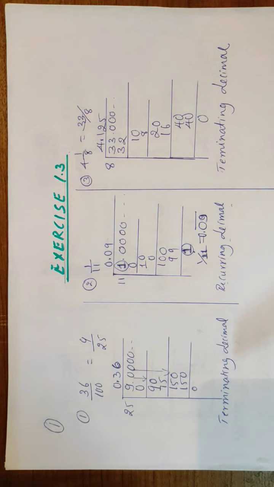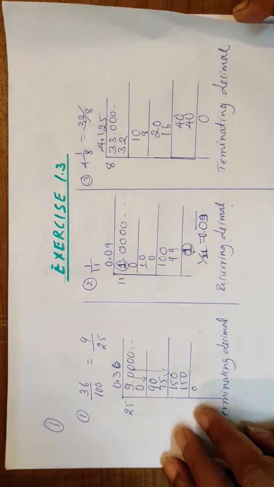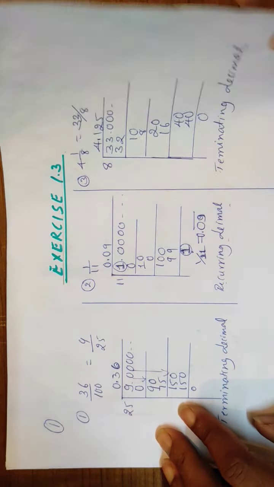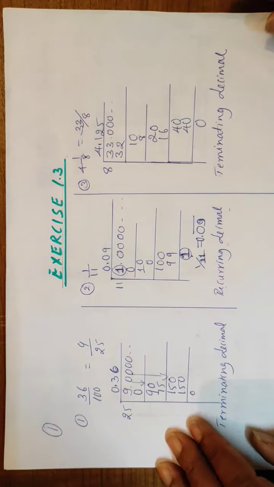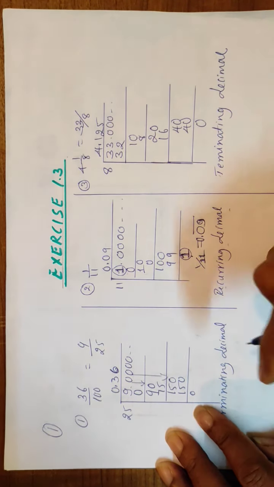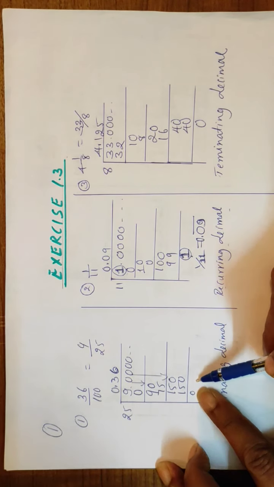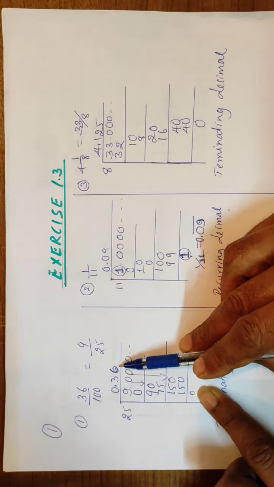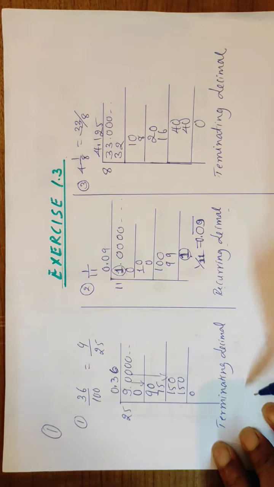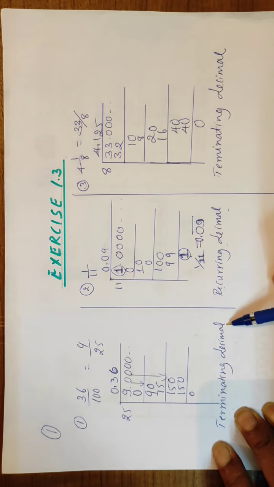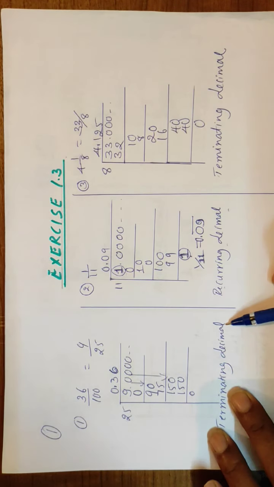I did the working already because you are familiar with division. See here, the remainder is 0. The decimal expansion terminates or ends, so you can write this number has terminating decimal expansion.